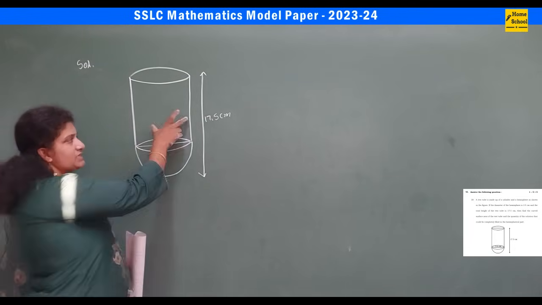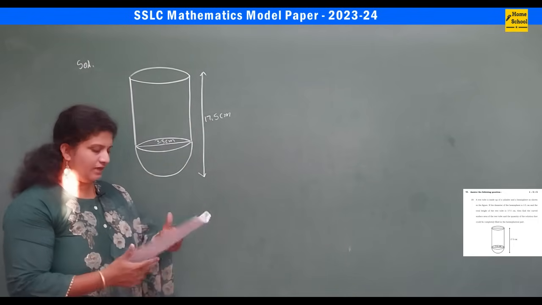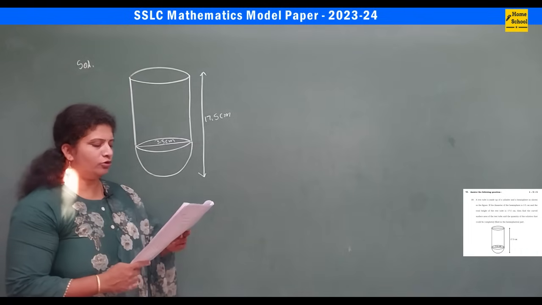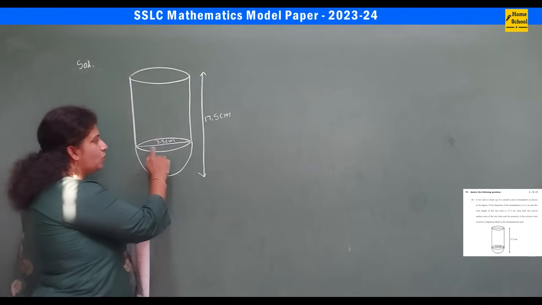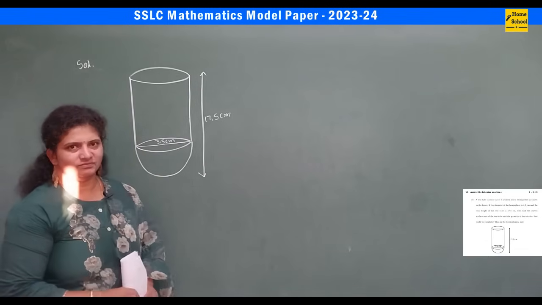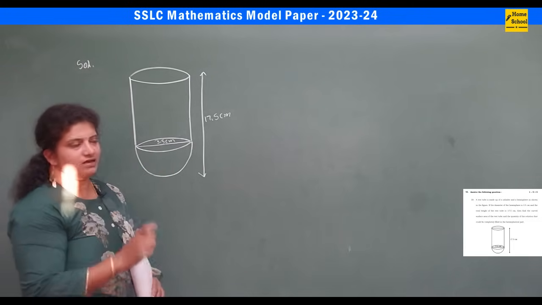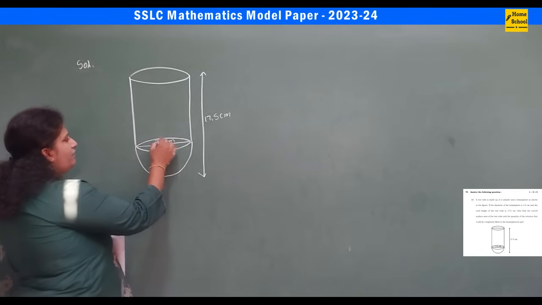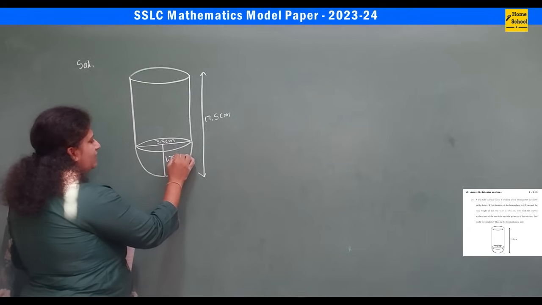First, find the CSA of the test tube. That means CSA of a cylinder plus CSA of a hemisphere. And another question what you have? Find the quantity of the solution that could be completely filled in the hemispherical part. That means only this part volume you should find, not the complete test tube volume. Before starting this, we are going to divide the measurements for the cylinder and hemisphere separately. 3.5 by 2 will be 1.75 centimeters.